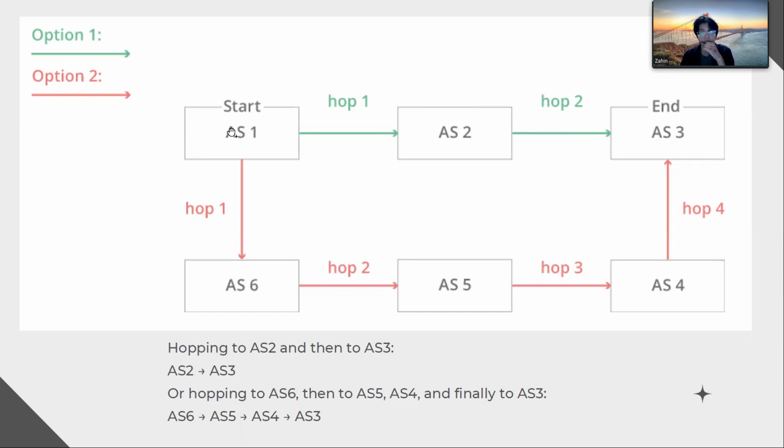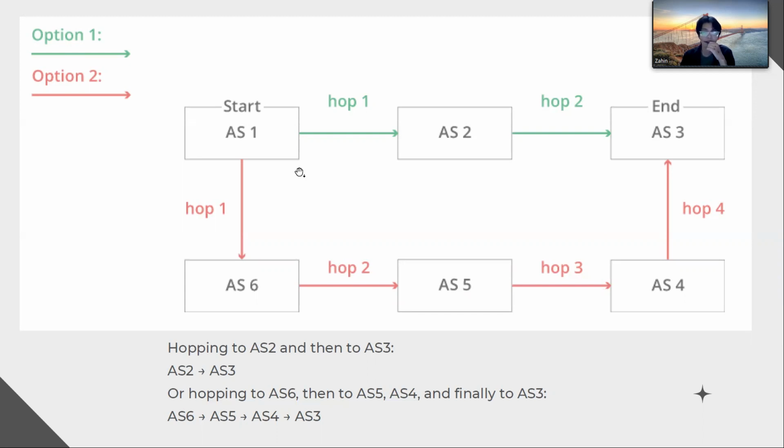For the second option, AS1 hops to AS6, then AS5, then AS4, and then AS3. So the number of hops is 4 for option 2. As we can see here, option 1 provides fewer hops compared to option 2, which is more efficient.